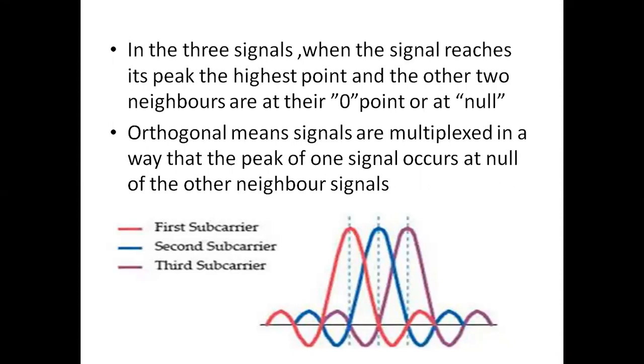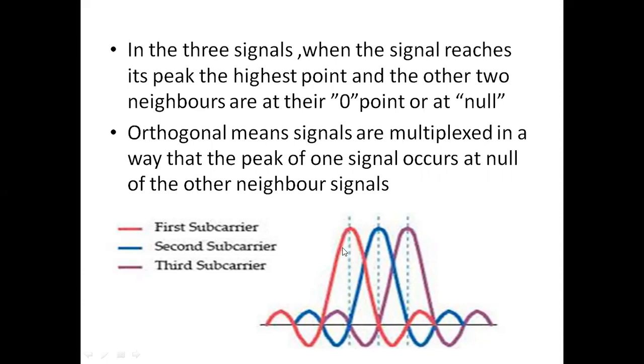When the 3 users send the information, the signals at the transmitter are combined with each other. So what is meant by orthogonality? When the signal reaches its peak, the other 2 neighbors are at the null position.